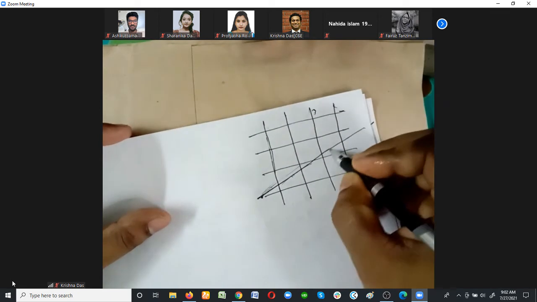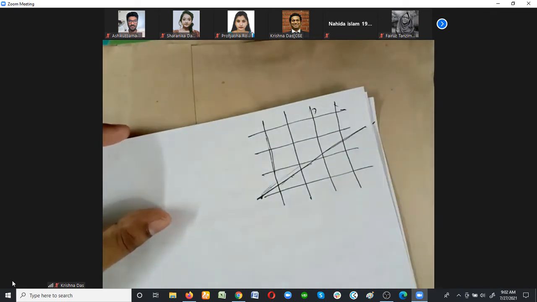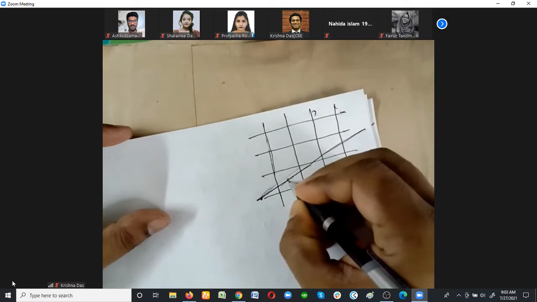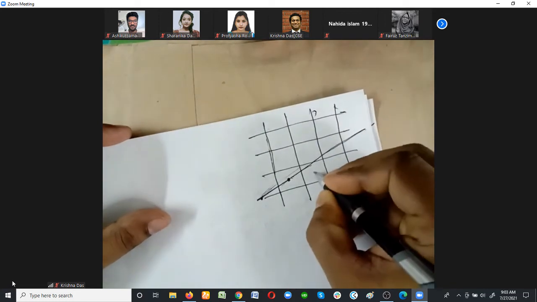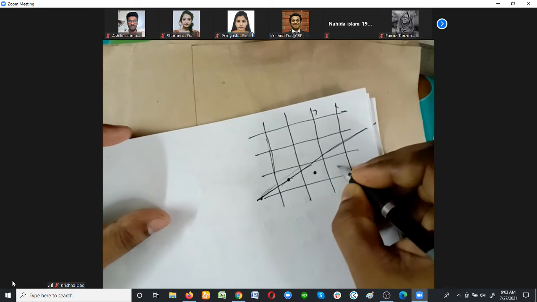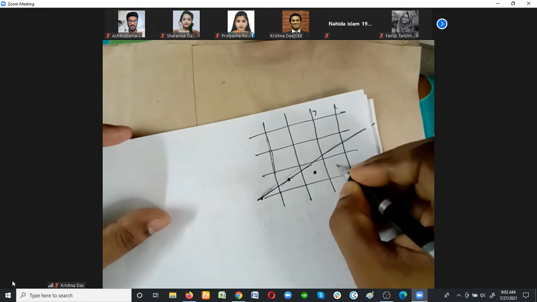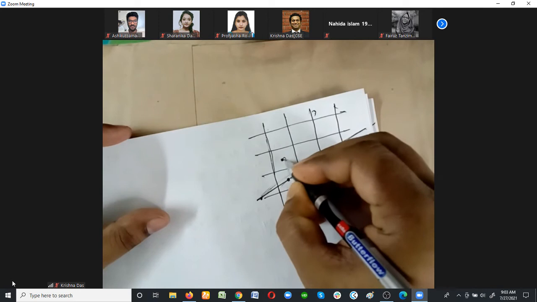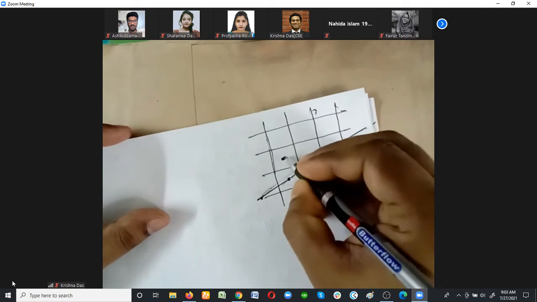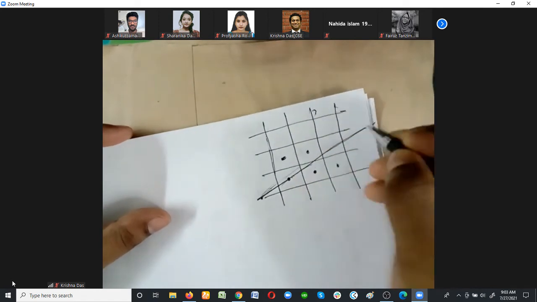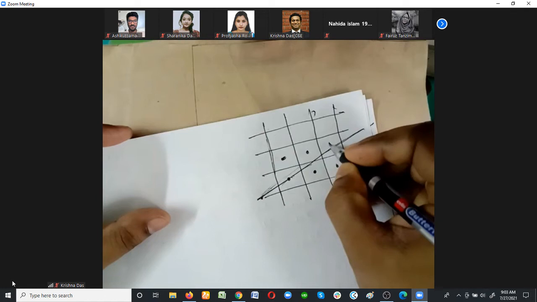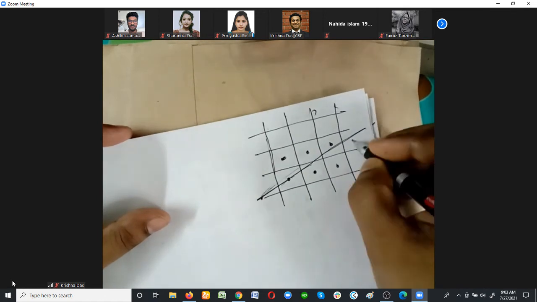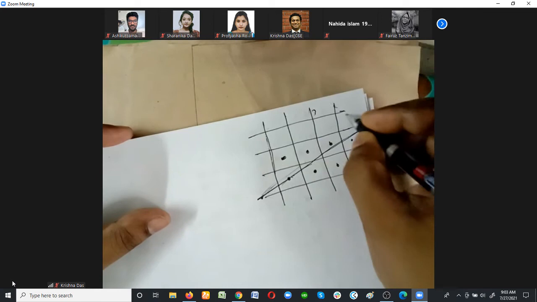In here we consider that these are all our pixels' midpoints. For any pixel that I want to identify, if I consider this pixel and this pixel, whatever, we had better take the center point. The line has been going this way, say.